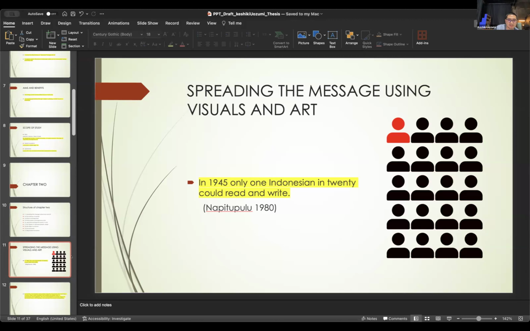Only one in 20 could write or read. So visuals, using plays, posters, radio and any kind of art, were really important to gather the Indonesian people and capture their hearts and minds.